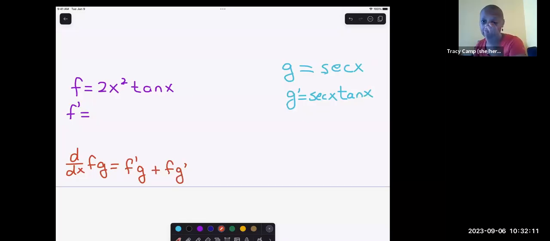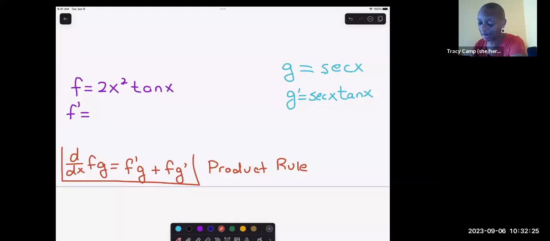So again, this is the product rule, and I need to identify my F and my G in this situation. Again, ignore the fact that you see an F here, although we won't ignore it later, but for now just ask, what two functions am I multiplying?